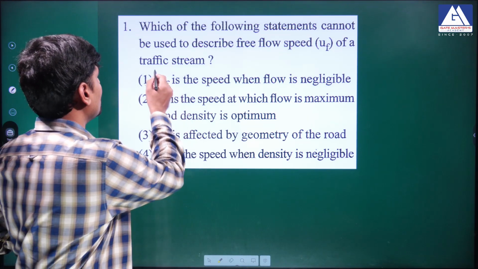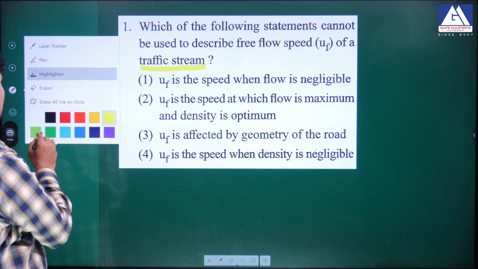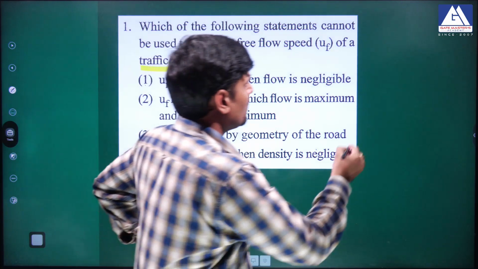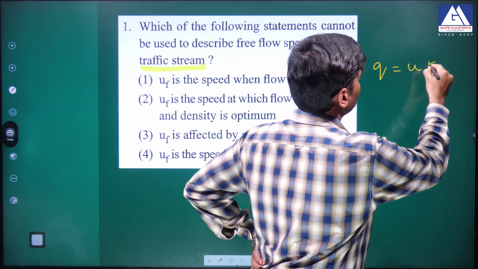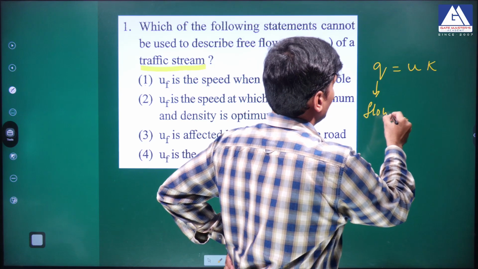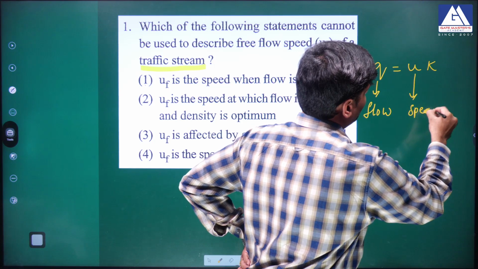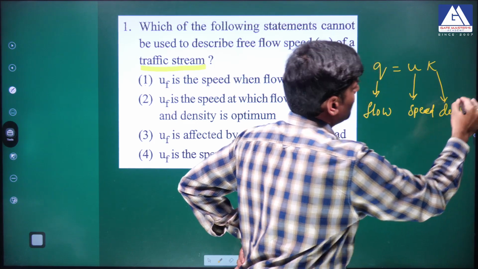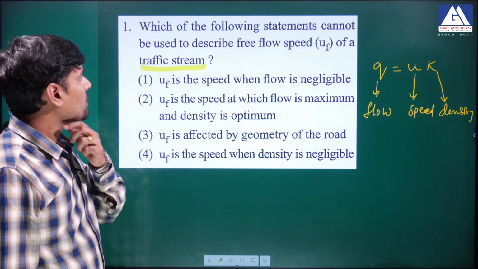The moment we see questions about the traffic stream, we have to understand that the question is somewhere related to a linear relationship called flow speed density, where Q is the flow, U is the speed, K is the density. So this is the linear relationship for a given traffic stream.